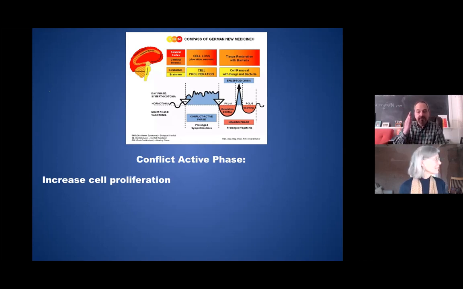So the psyche perceives the conflict shock in a split second, but we don't know how we perceive it until the symptoms start to arise, okay? You follow? So in the conflict active phase, we have increased cell proliferation occur, okay?